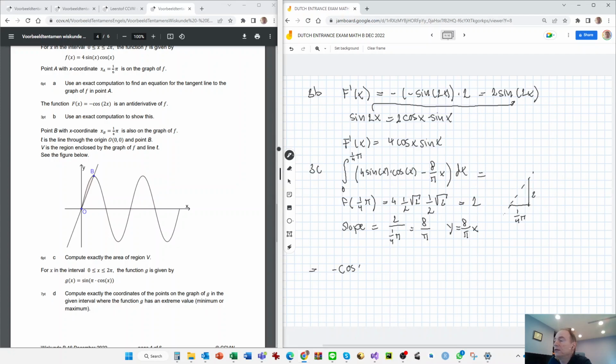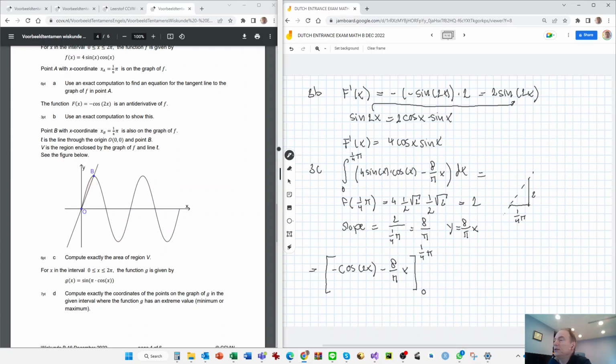I get a minus 2 cosine 2x minus 8 over pi x, and then we need to evaluate that between a quarter pi and 0.